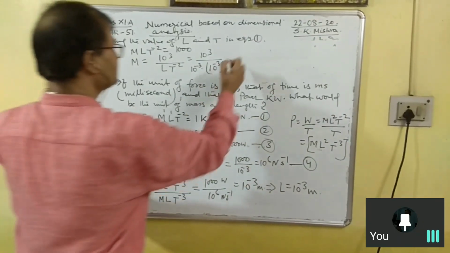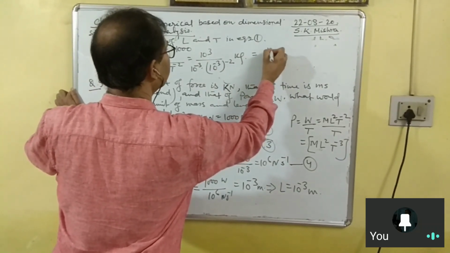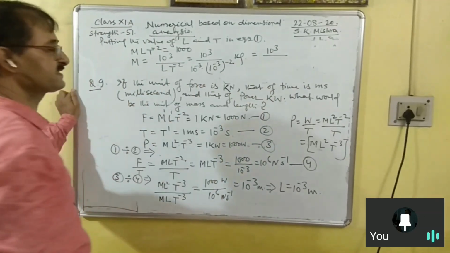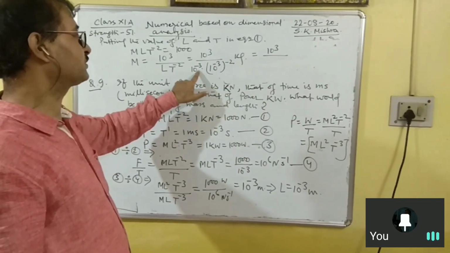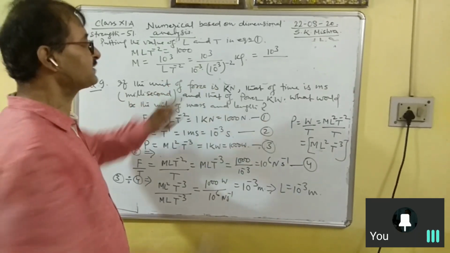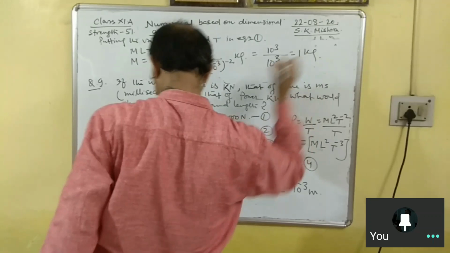So you are getting 10 raised to 3 divided by 10 raised to plus 6 and 10 raised to minus 3, so 10 raised to 3 in the denominator. Finally you are getting 1 kg.